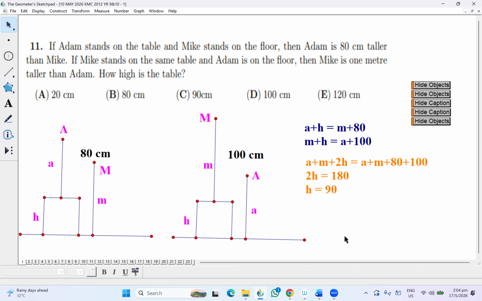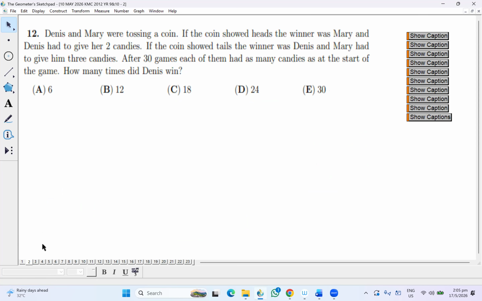Next question. Question 12. Dennis and Mary were tossing a coin. If the coin shows head, the winner was Mary, and Dennis had to give her 2 candies.